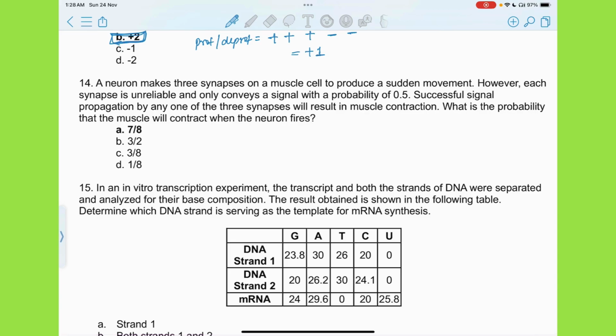Okay. So there are 3 synapses. So we'll make a combination of 3. Say these are the 3 synapses. Every time only one conveys a signal. So we'll see how many times the conveyed signal will happen.